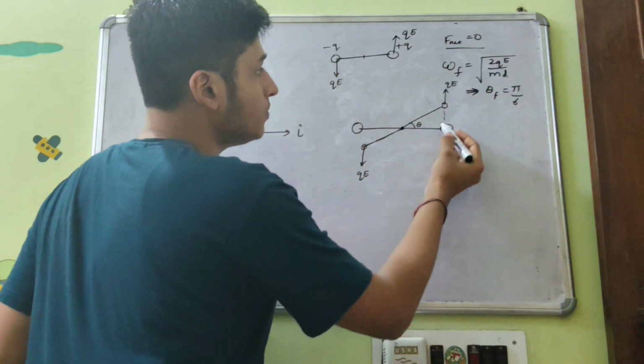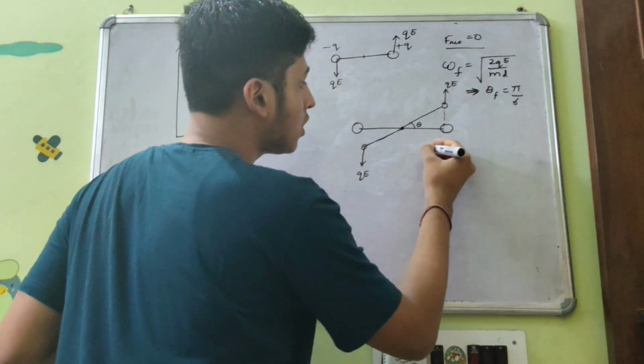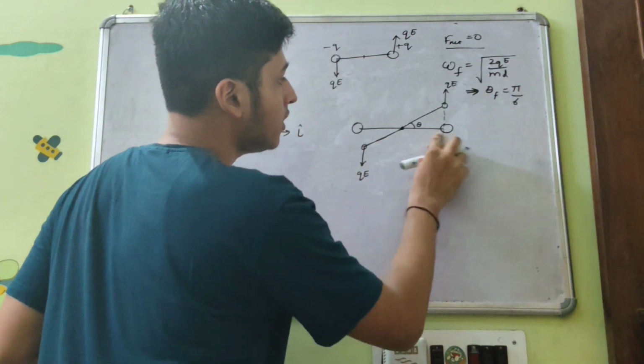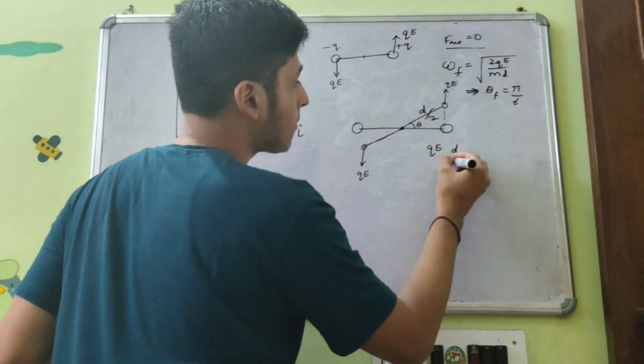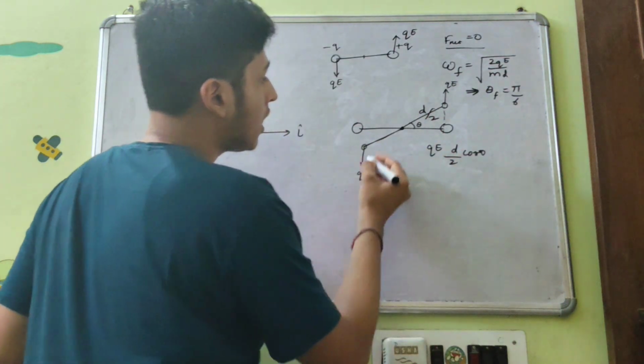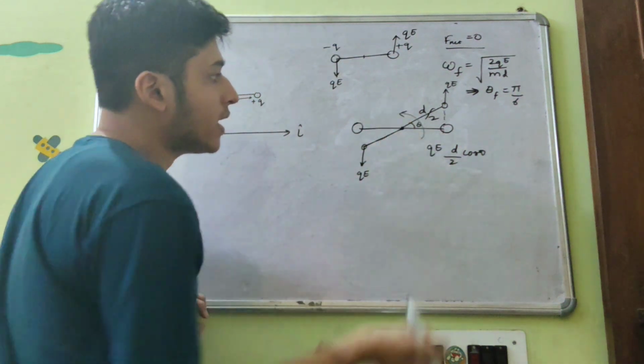Torque about the center of this force QE will be QE times this distance. This is d by 2 cos theta. The torque is in counterclockwise direction.